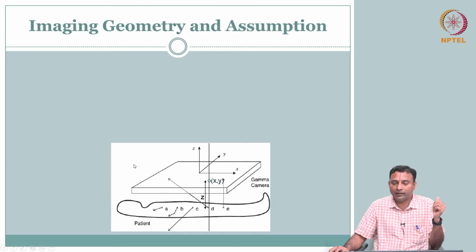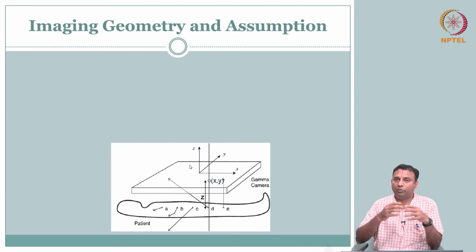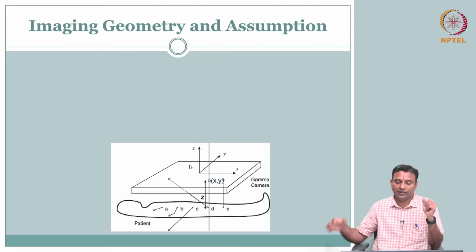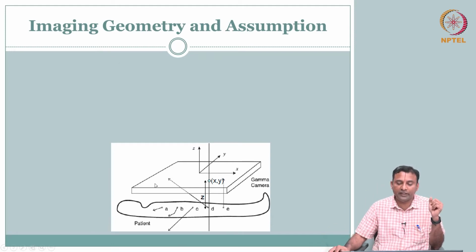As discussed so far, it is probably very evident that unlike your X-ray projection radiography, where the object was there, source was on one side, the detector was on the other side, here the major change in the geometry is that your source is inside the object, right.